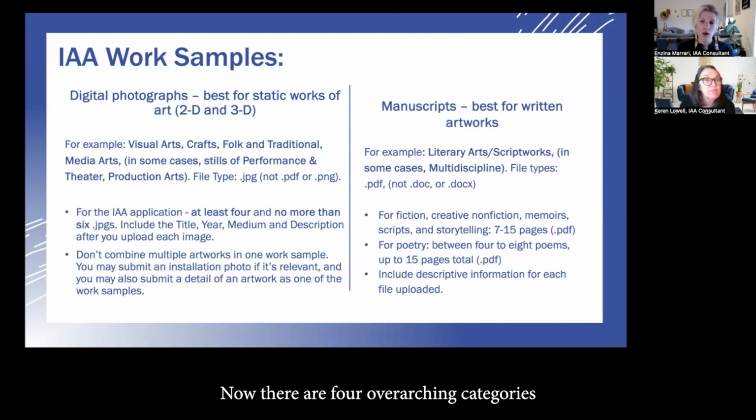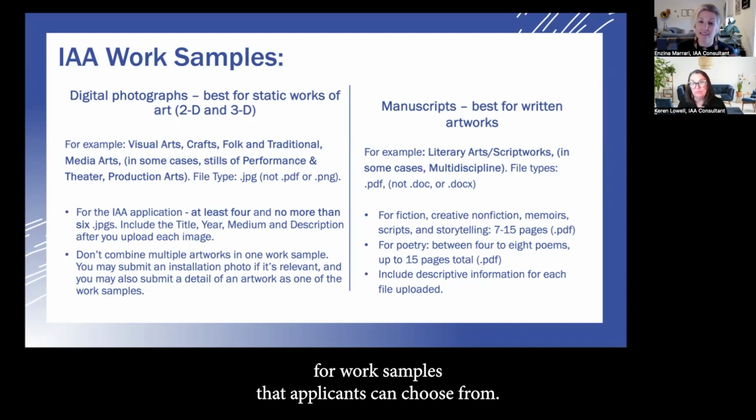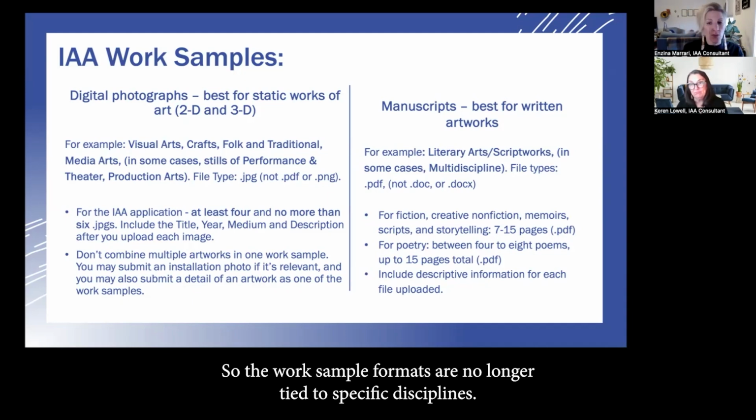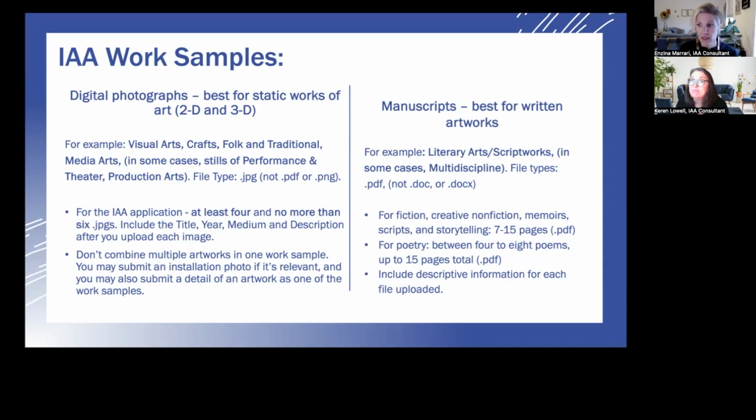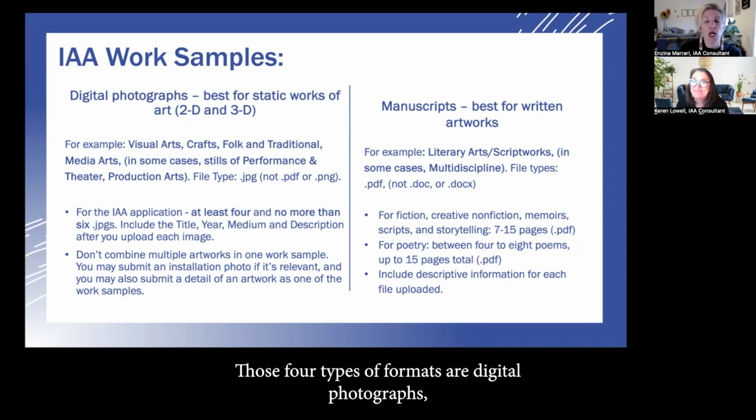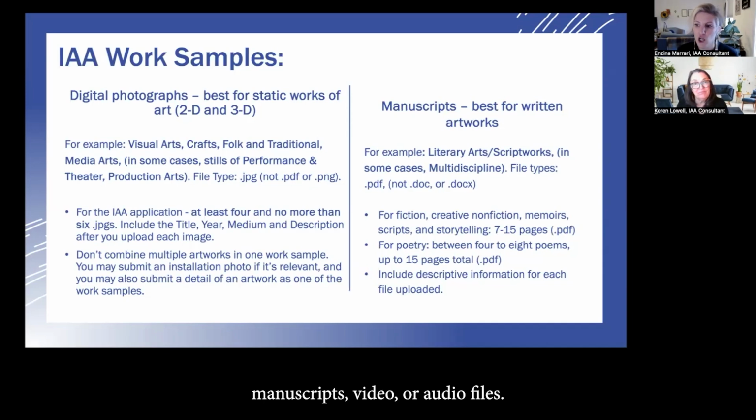Now, there are 4 overarching categories for work samples that applicants can choose from. So the work sample formats are no longer tied to specific disciplines. Those 4 types of formats are digital photographs, manuscripts, video, or audio files. The latter 2 I will get to in a moment.